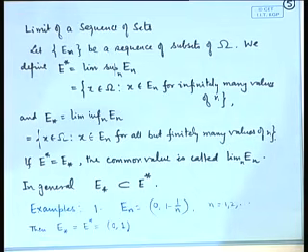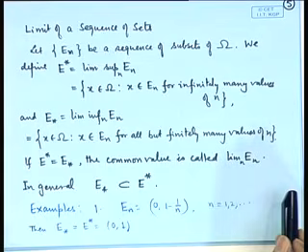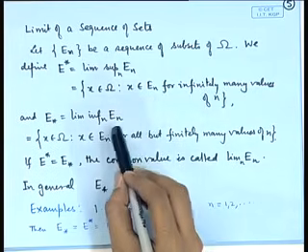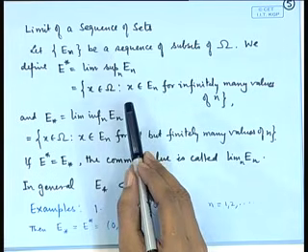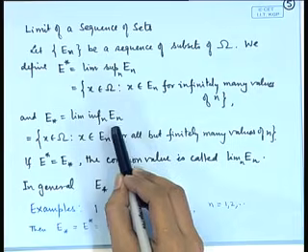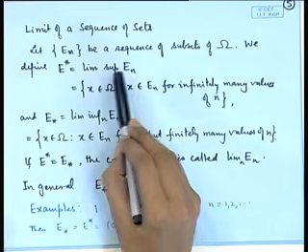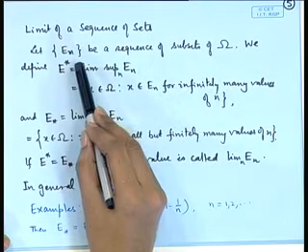However, a similar concept is not available for a sequence of sets. Here we define it in a slightly different fashion. In order to introduce the concept, we introduce lim sup of E n and lim inf of E n, called limit superior of E n and limit inferior of the sequence E n. Consider a sequence of subsets of omega called E n.